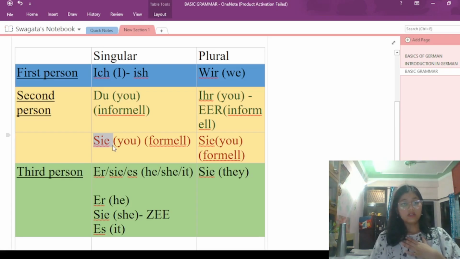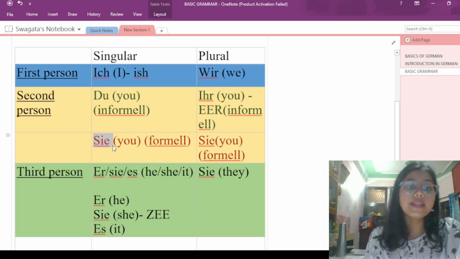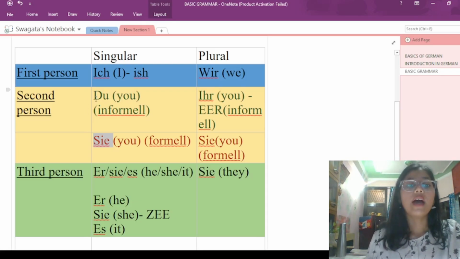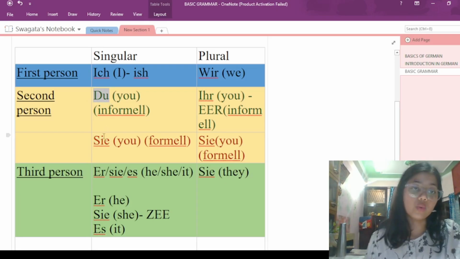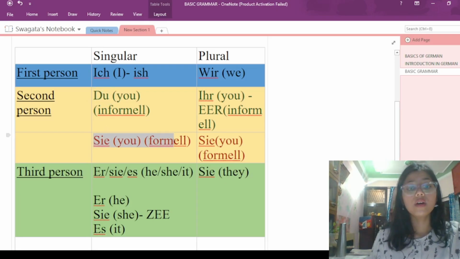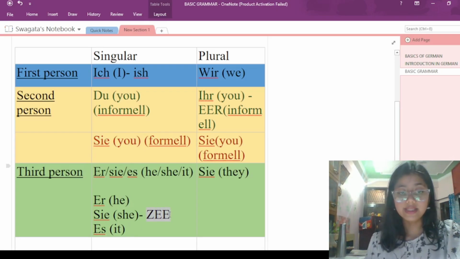Even when I'm teaching, I refer to the students as Sie, and only when we get frank with each other after a lot of time can I use du. So this is you, formal form, Sie, pronounced the same way.